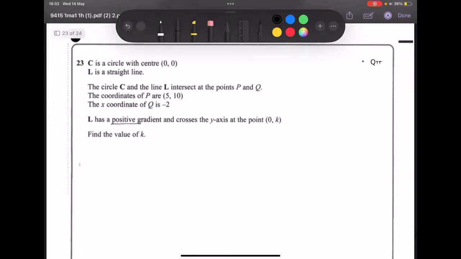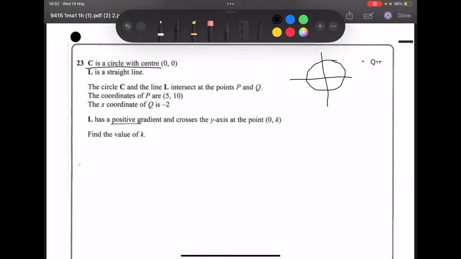Now question number 23 is a circle question, and it's one of the geometric questions that not many people get right, let alone get any marks. Now C is a circle with a center 0, 0. Therefore we know that it is a standard circle with the standard equation of a circle. L is a straight line.